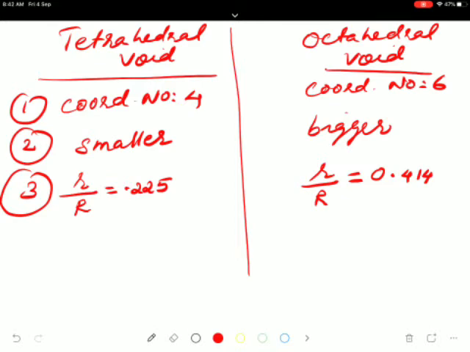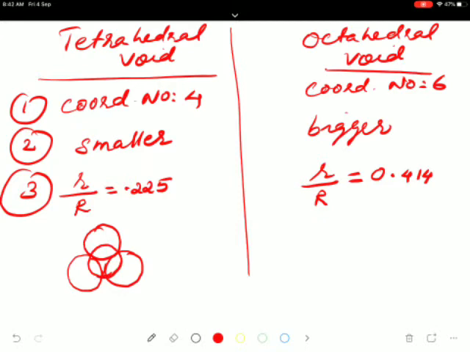Now you have to draw the diagram of octahedral void and tetrahedral void. Tetrahedral void, that is one sphere, and this sphere, all spheres are of equal size, and on these three you have to draw one sphere of equal size.